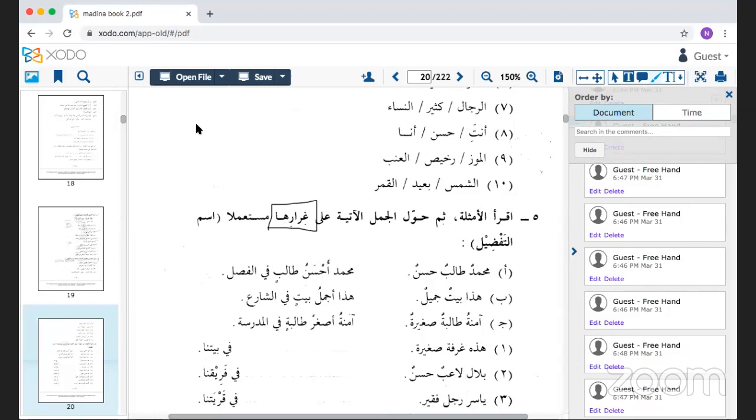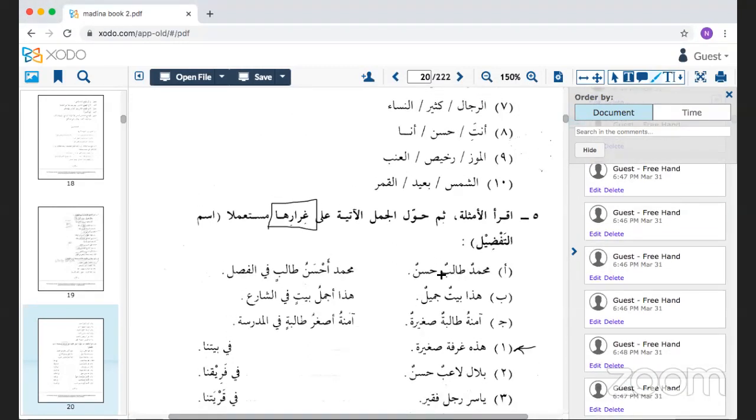And then you have هذه غرفة صغيرة. What will the answer be to this one? Maybe I think we have to do this practice together to be able to get it. We probably have to wait for this. But if you can do it, it'll be good.